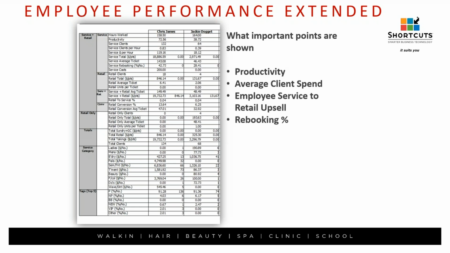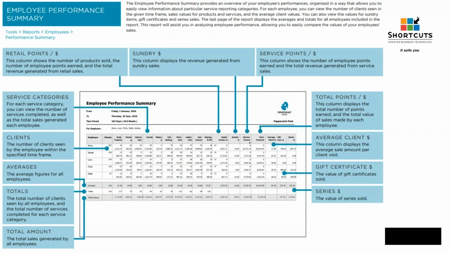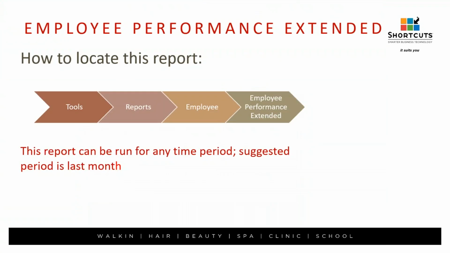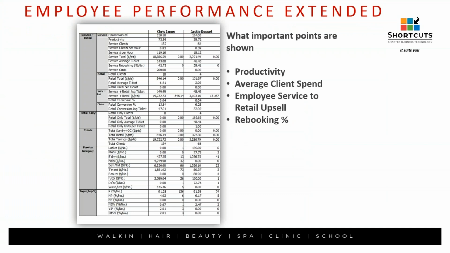All right. So two different reports, and I'll jump back. The performance summary is a simple one-page report that just gives you the hard totals and averages. And then the extended version, which does a lot of different calculations for the same period of time.